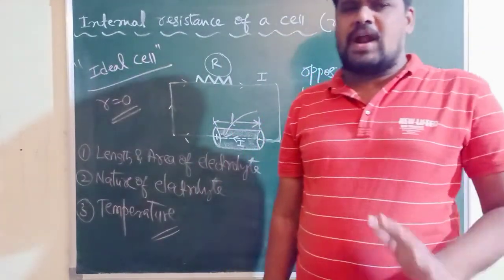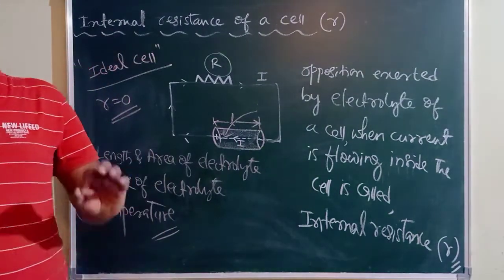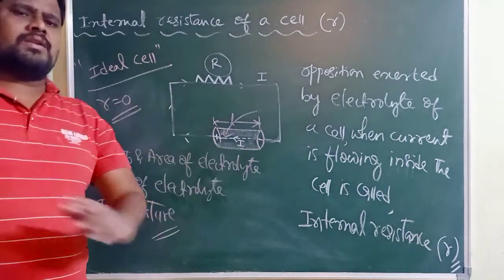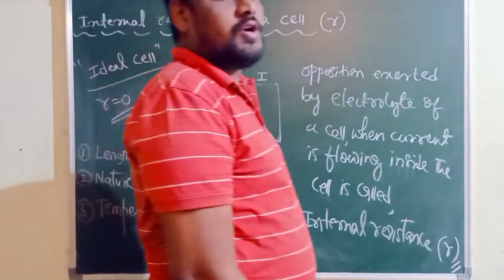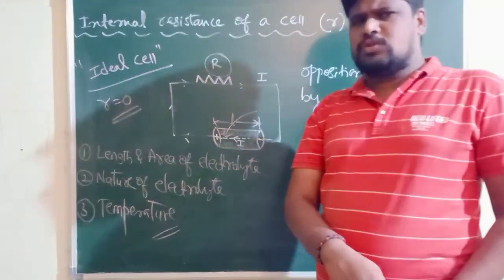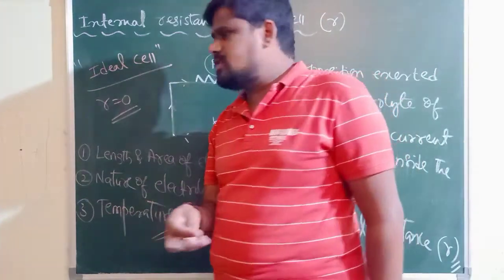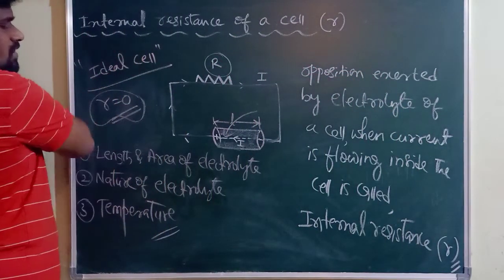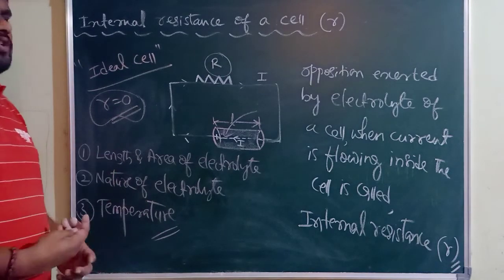Whatever cells you consider, definitely they are going to have internal resistance, but we have to select a cell of minimum internal resistance. An ideal cell is going to have 0 internal resistance.